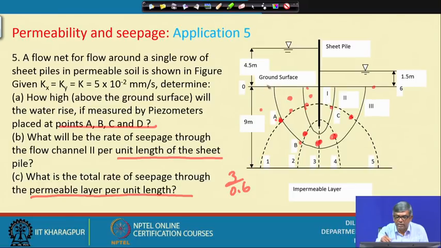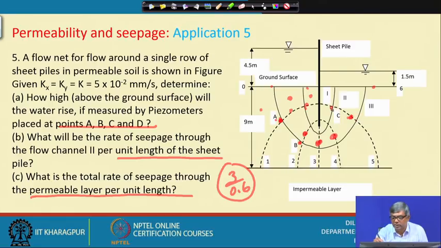Here it was 3, so here it will be 3 minus this much. If you go to B, then it is 3 minus 2 times this, and when you go to point C, since again there are 5 drops, it is H minus 5 times this, to be calculated.